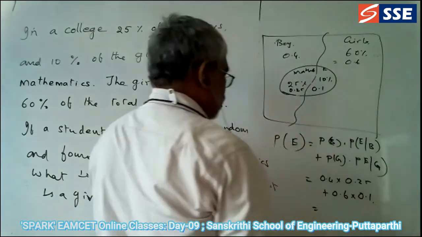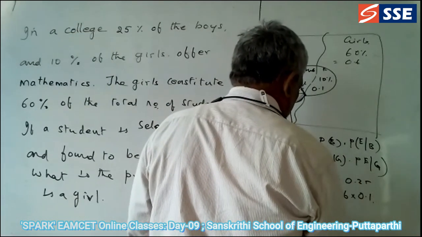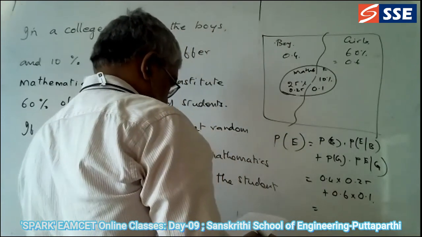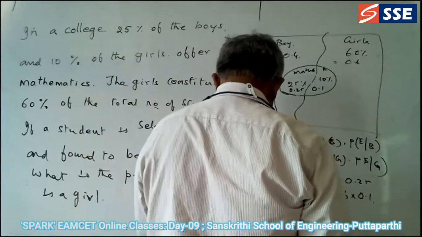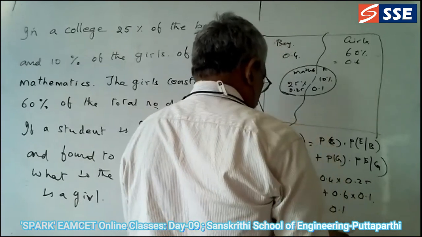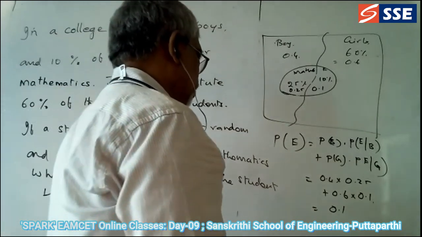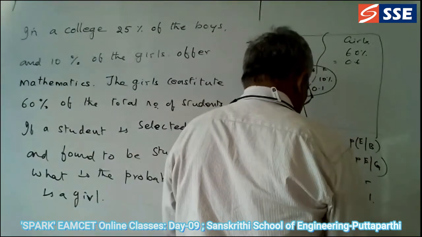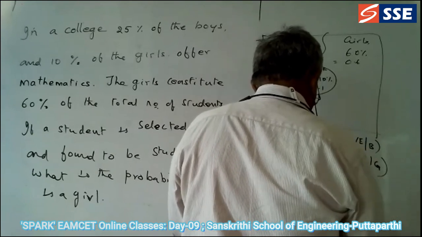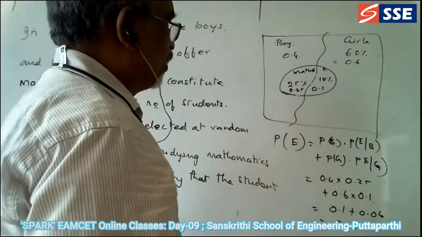So the value is 0.4 into 0.25, which is 0.1, plus 0.06. So 0.16.